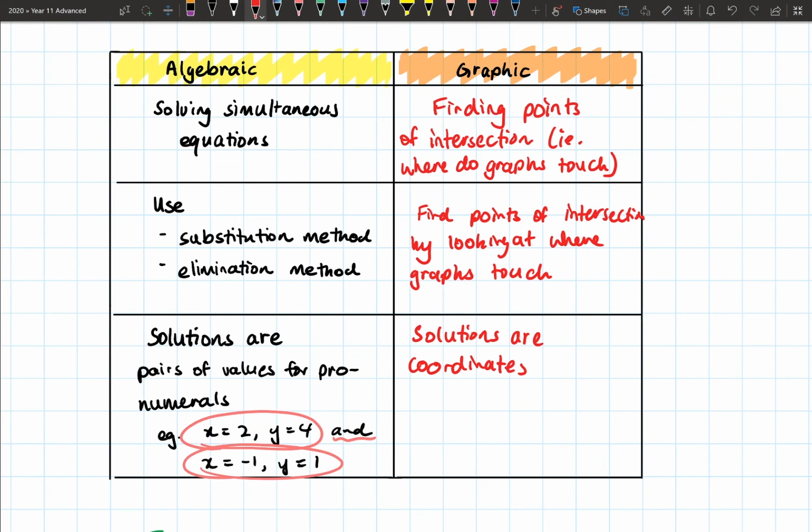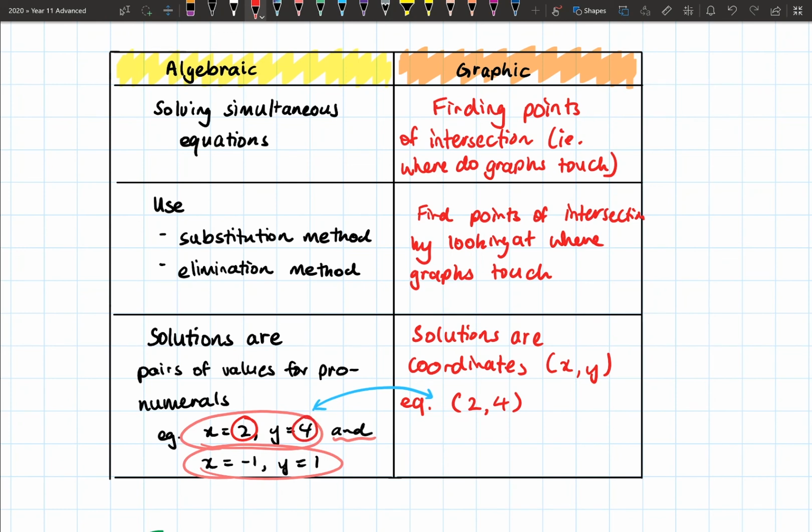With all coordinates, you have an x value and a y value. For example, if we took our solutions from solving the simultaneous equations algebraically, x is equal to 2 and y is equal to 4, that would correspond to the x value of 2 from over here, and the y value of 4 from over here.